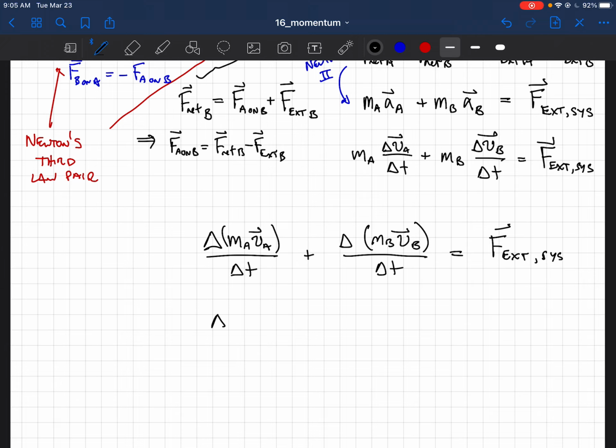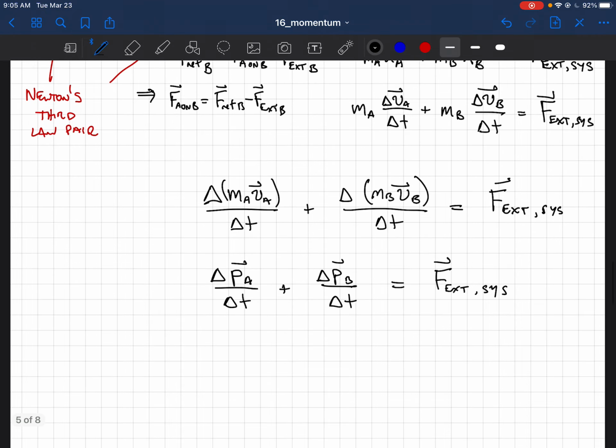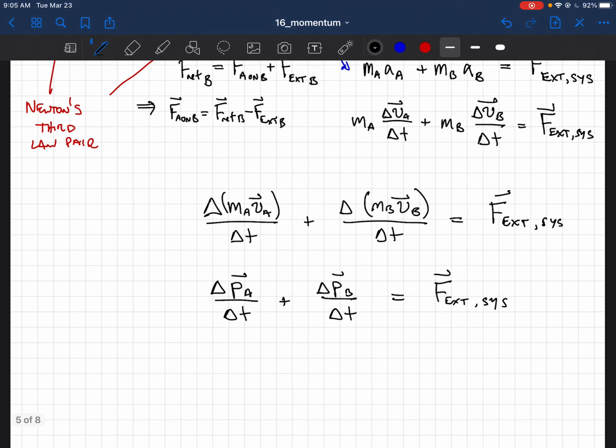But what are those things? Well, those are just what we called the momentum of each object. So this equation comes out of Newton's third and Newton's second law for the interaction of two particles.